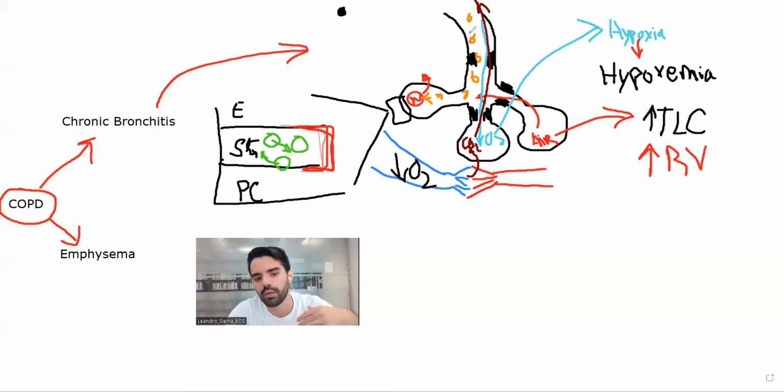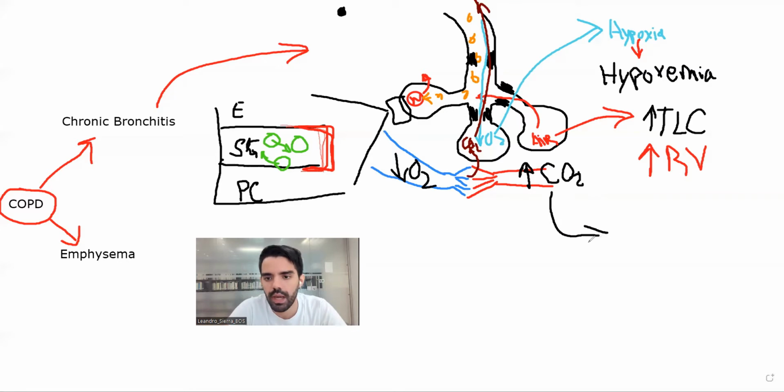You have to get rid of the CO2 that your body, your muscles and so on produce. And that CO2 cannot go out. Why? Because there are thicker walls. So you would have an increase also in the CO2 inside the pulmonary artery, and this is named hypercapnia, right?